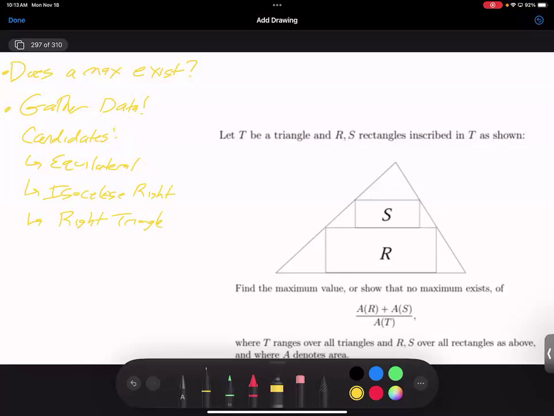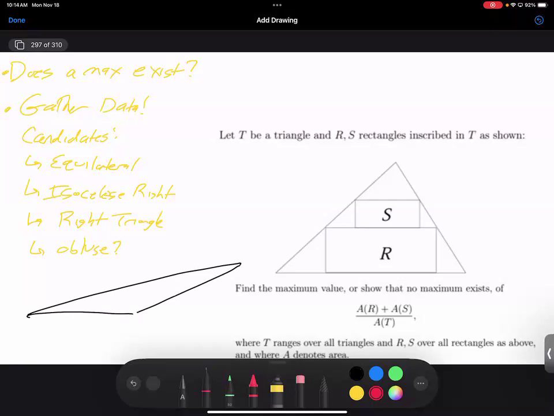But you brought up an excellent point. Does it matter where the angles are? So for example, what about an obtuse triangle? Let's say I give you a triangle like this. Is that going to be a little bit different in terms of how things look?